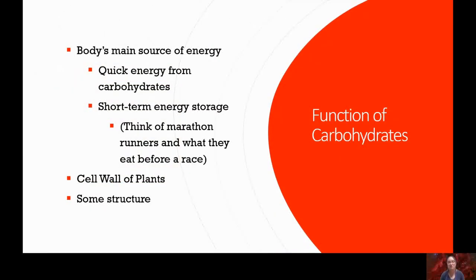What is the function of these carbohydrates? So now I've told you all this information about how they are made structurally, what they look like in everyday life, what the monomer and the polymer is. Why do we actually need these carbohydrates? Well, it's our main source of energy. You may have heard me mention the word energy throughout this presentation. Remember, we need energy to be able to do things.